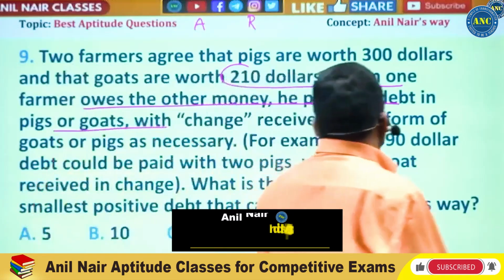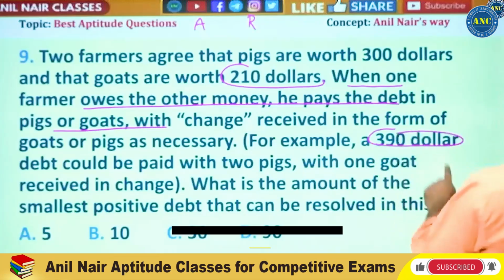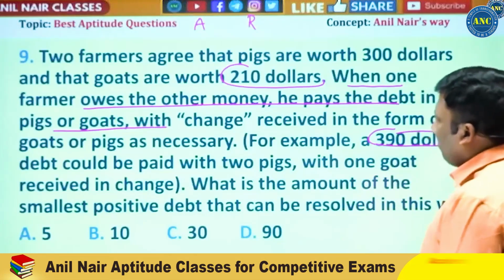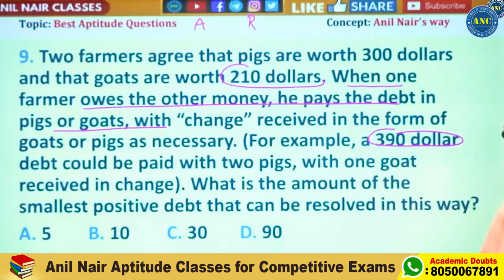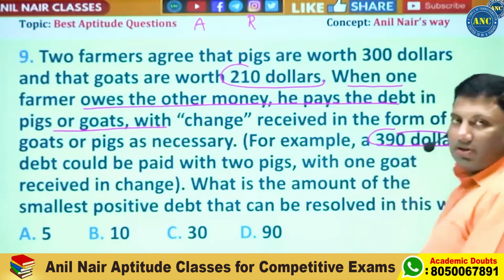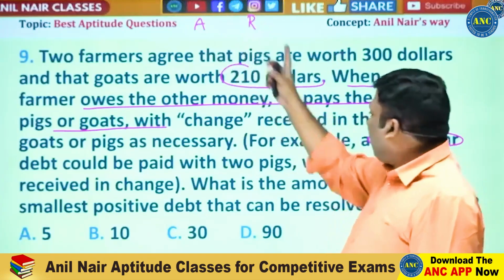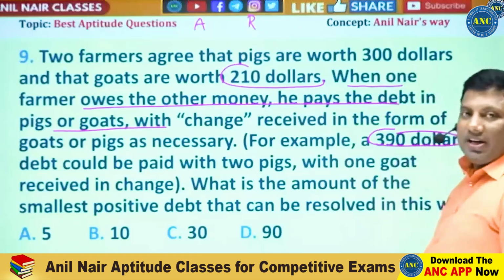One more example is given. A $390 debt could be paid with 2 pigs and 1 goat received in change. Suppose Anil has to give Reshma $390.